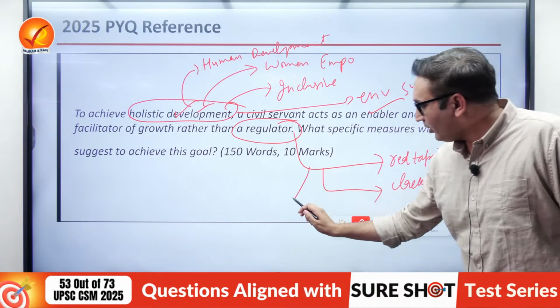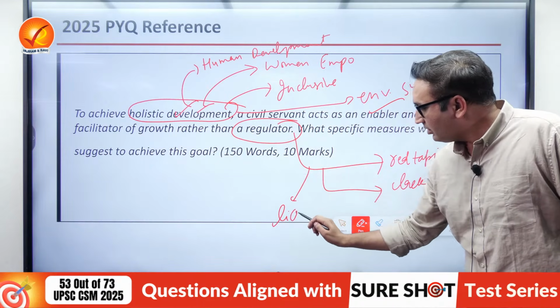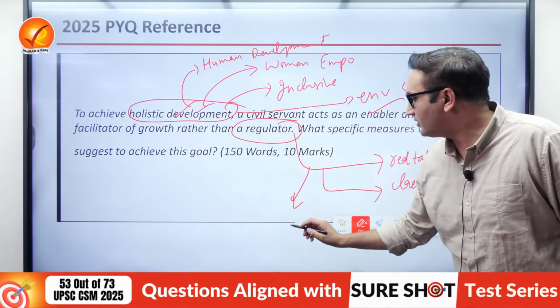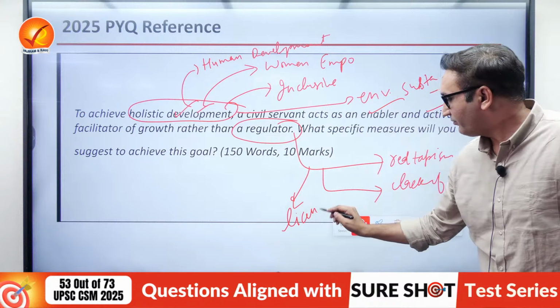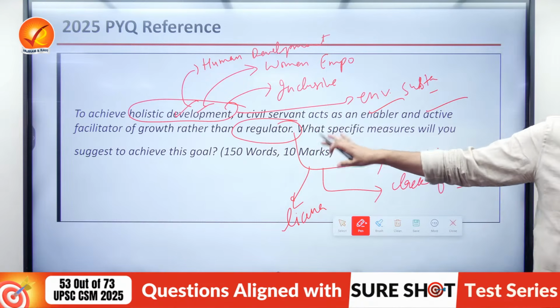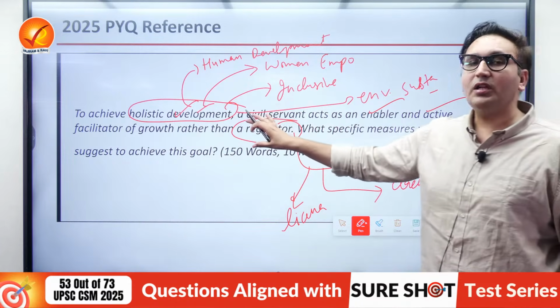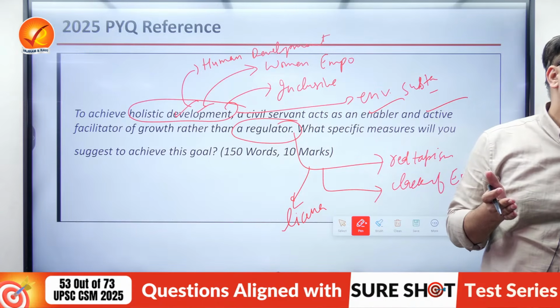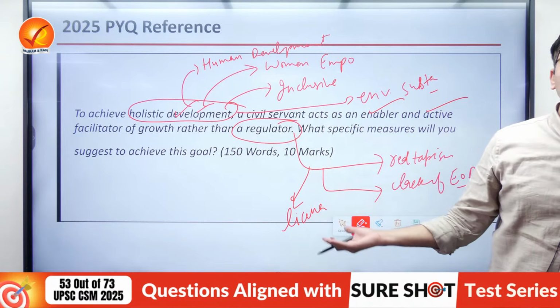It will somehow show license raj, which goes against ease of doing business, right? So if you know what this regulator traditionally does, which is all wrong with the bureaucracy, you will be opening up the dimensions on your own.